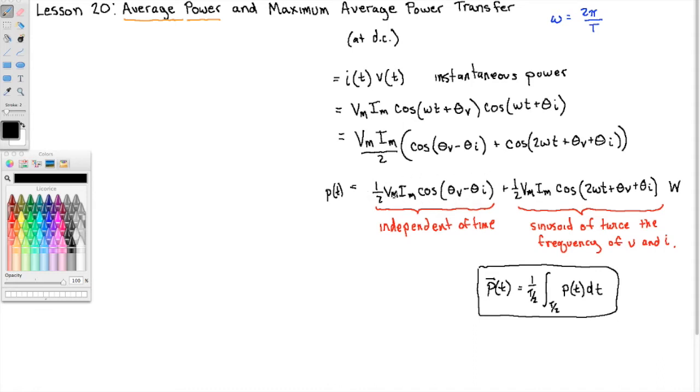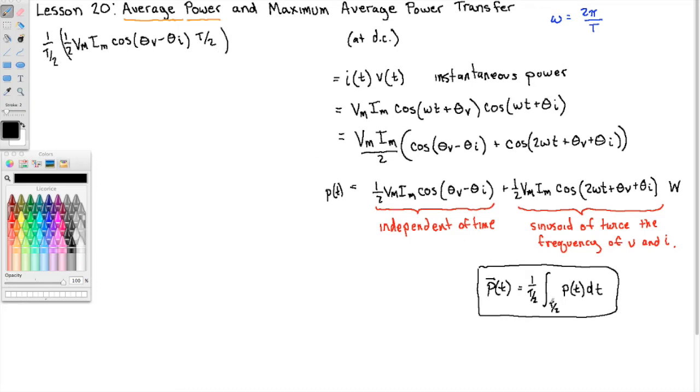This thing is a constant, so when I integrate it, I get 1/2 Vm Im cosine of theta v minus theta I times t over 2. And because of the 1 over t over 2, I'm dividing by 1 over t over 2. This is what I get when I do the integration.